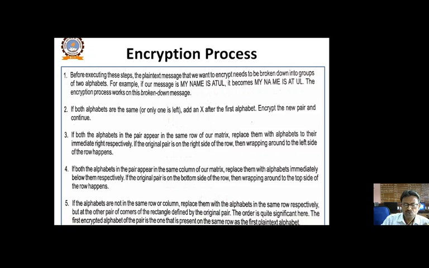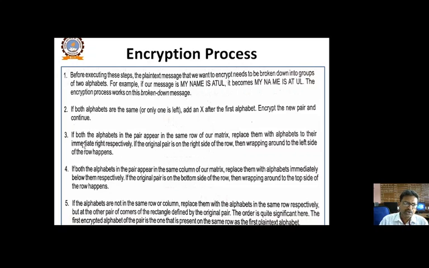If both O's come together, then one is left, one is discarded, and we replace that discarded letter by X after the first alphabet. So OO will be replaced by OX, and then we encrypt the new pair and continue.